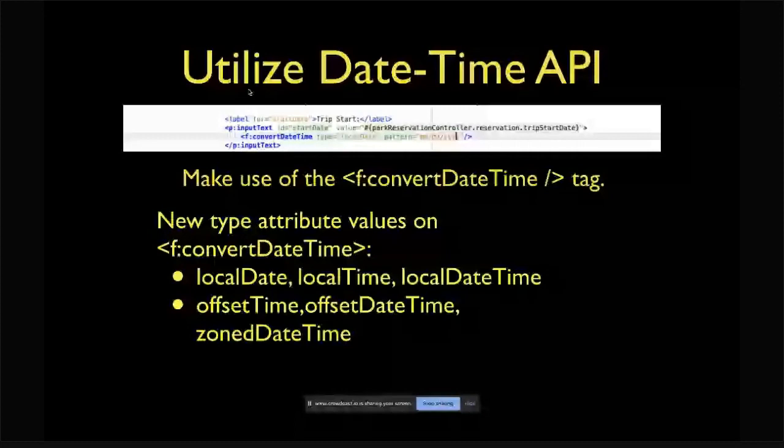That's all supplied via the convertDateTime converter, which now accepts a type of localDate to apply that to your dates. And then in the back end, of course, in your entity class or your CDI bean, you would have fields that are of type LocalDate, LocalTime, etc.